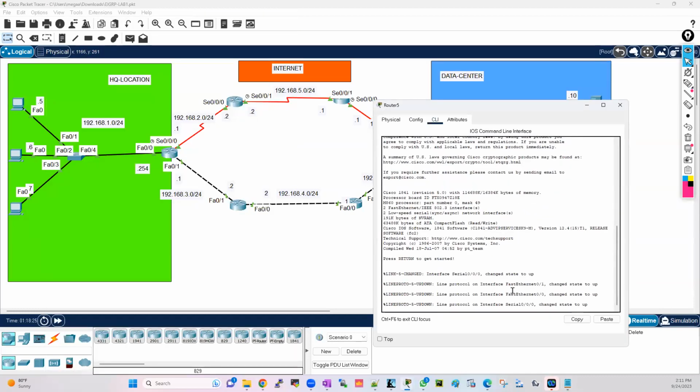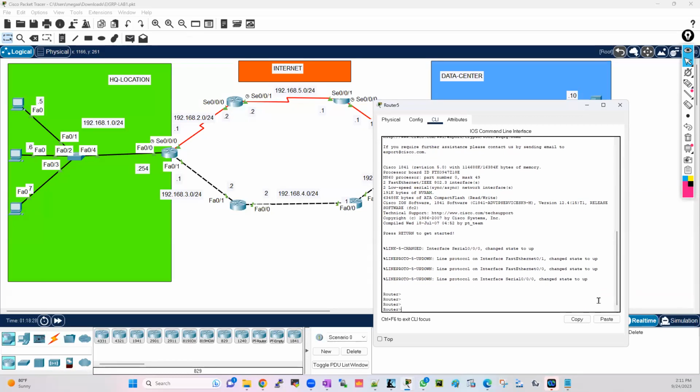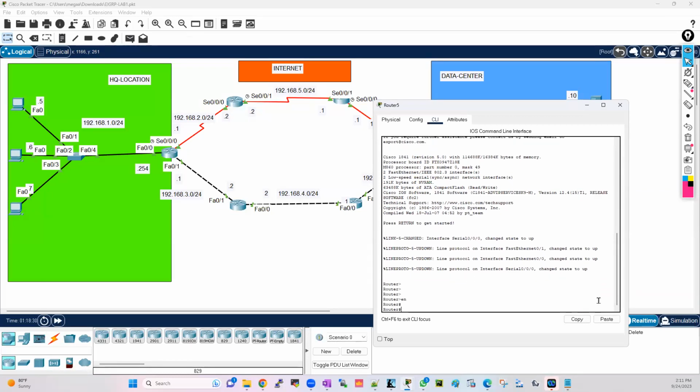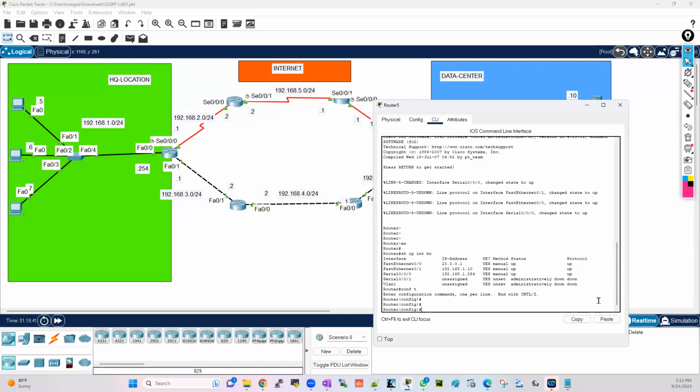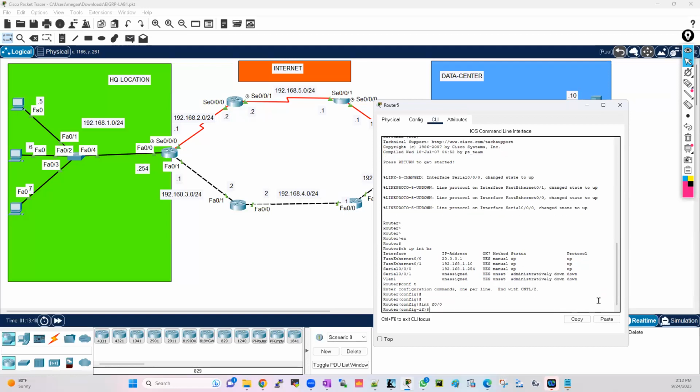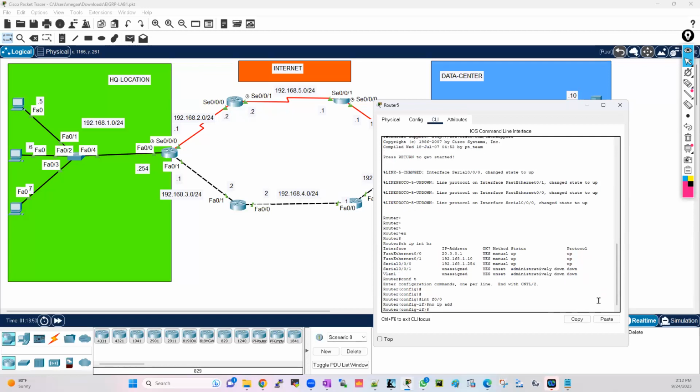Go there. Let me check. Show IP interface brief. Okay, those interfaces are configured. Let me config t. Okay. Interface F0/0. No IP address. Same interface F0/1.